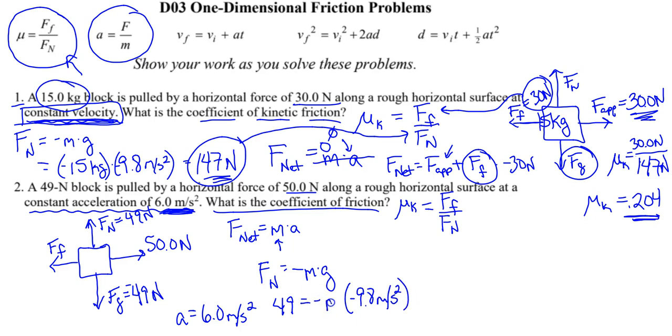So we can solve for m by dividing both sides by negative 9.8, or we can just take care of those two negatives right now and just take 49 divided by 9.8. So 49 divided by 9.8 is going to give us 5.0 kilograms. Okay, so our mass is 5.0 kilograms.